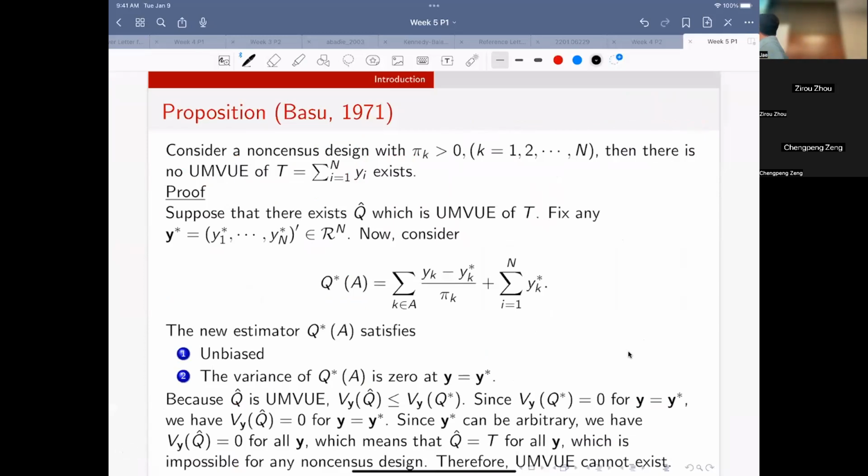So here Basu gave a very interesting result. Basically, in survey sampling, no UMVUE exists. That's what the theory says.